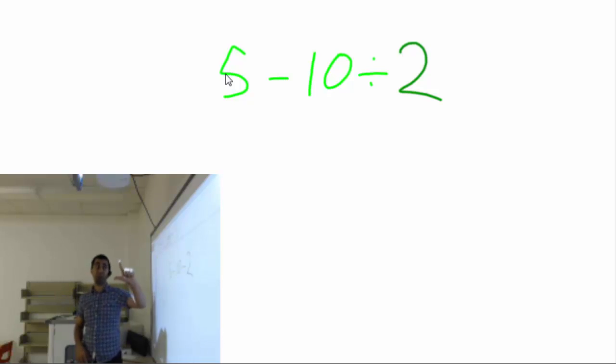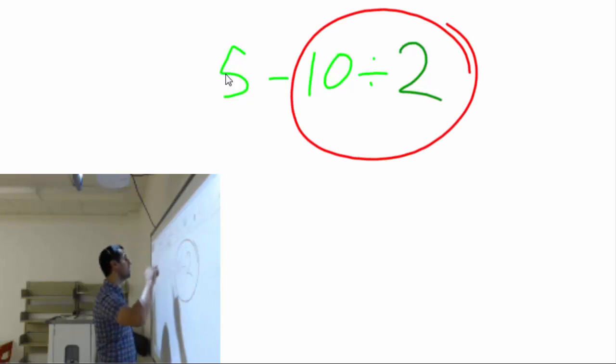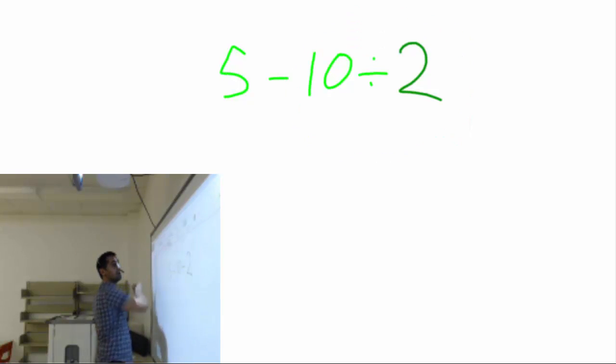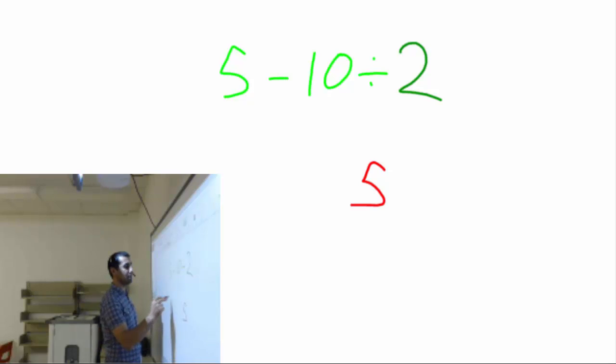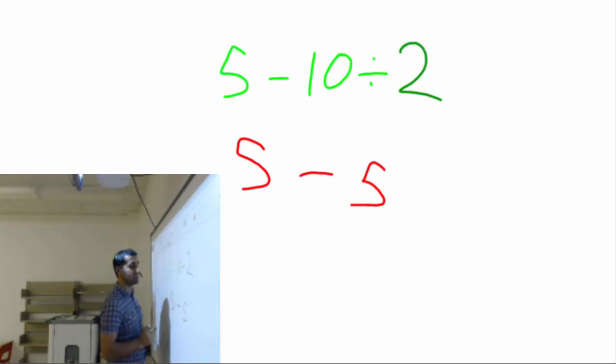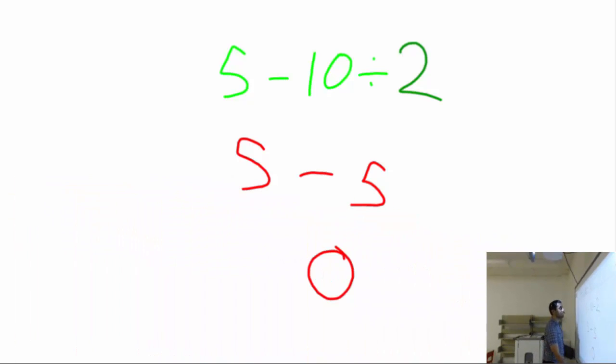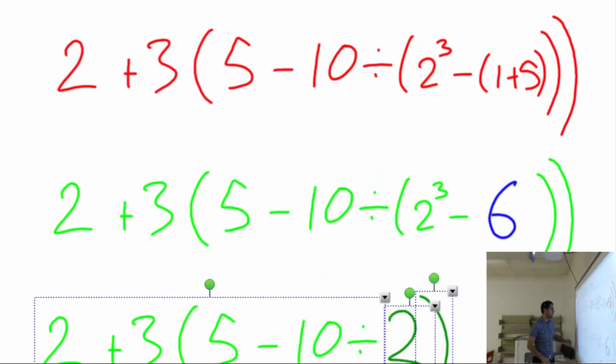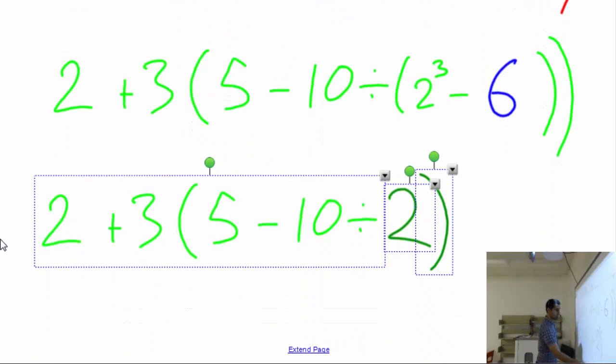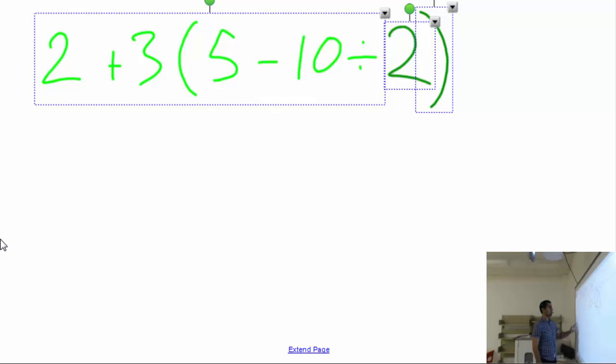Which one comes first? BEDMAS, division comes first. So I need to answer this part first. Let's do that. What is 10 divided by 2? It is 5. And now what I got here is 5 minus 5, which is, they cancel out, 0. Grand, big, fat 0.